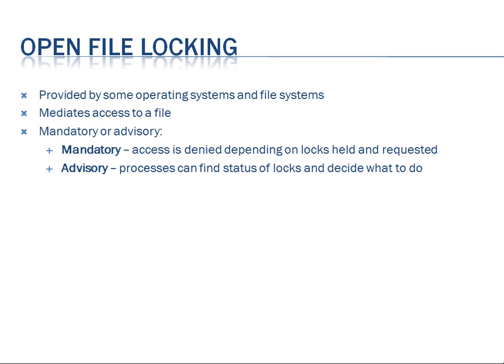In mandatory locking, access is denied depending on locks held and requested. Whereas in advisory locking, processes can find the status of locks and decide what to do.